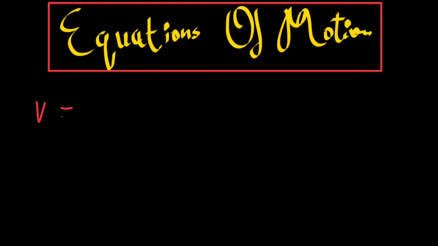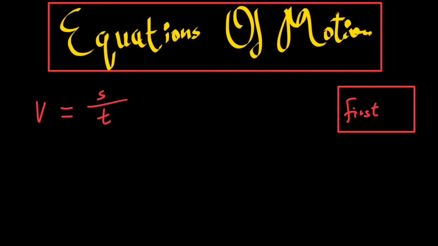So first things first, velocity equals displacement, or what we call distance, over time. Now we're dealing with the first equation of motion. Let's see how we can derive it.